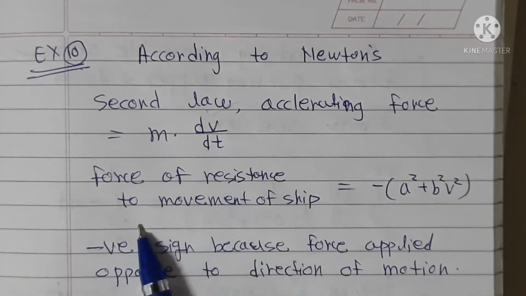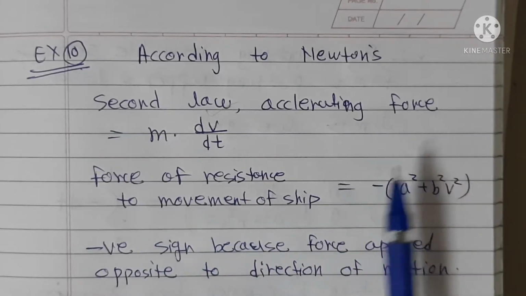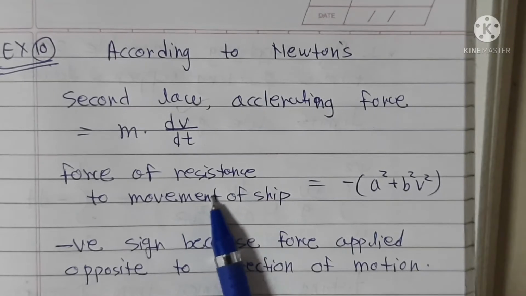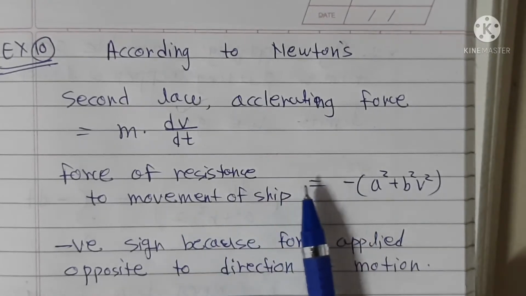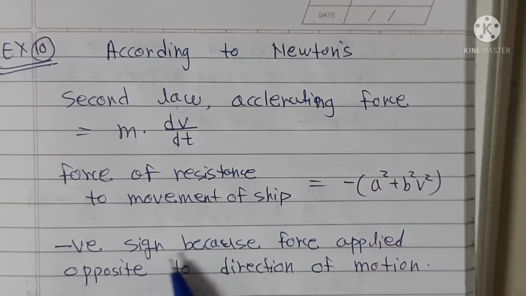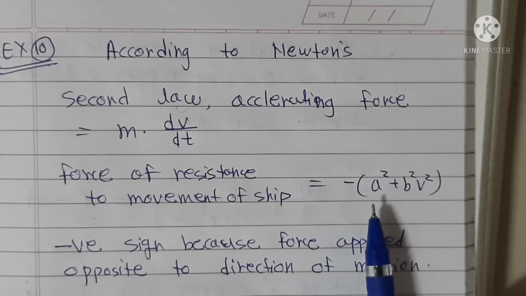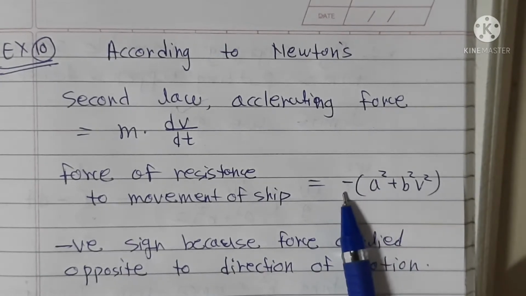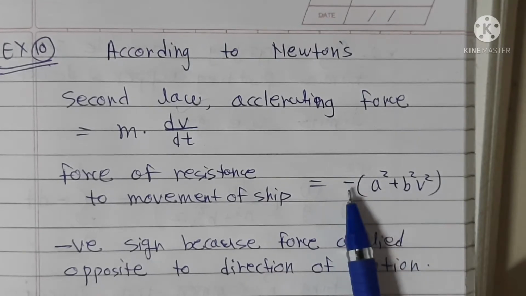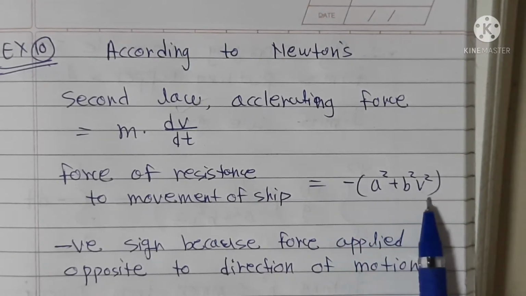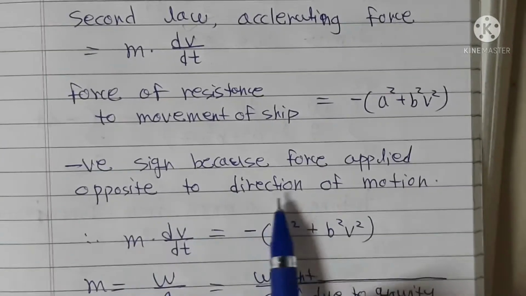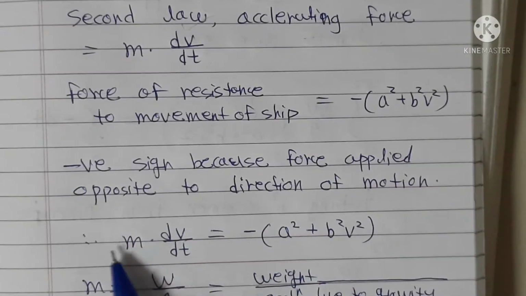Now the force of resistance to movement of the ship is applied by the water. It is opposite to the direction of movement of the ship. Therefore we consider the negative sign, minus of a square plus b square v square, because the force is applied opposite to the direction of motion.